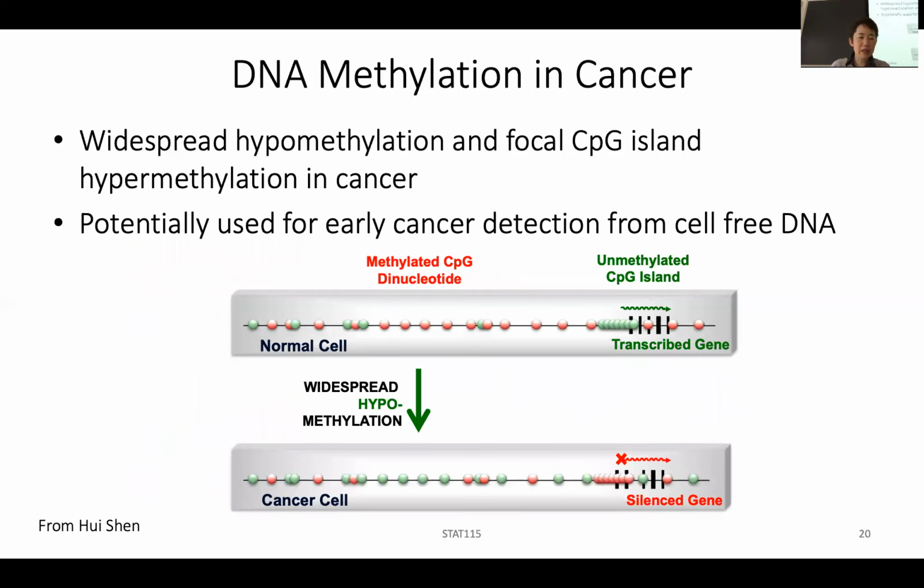And in diseases, we see some interesting trends in DNA methylation, especially in cancer. We mentioned that a lot of the genome, especially repeat regions, are mostly methylated. This is globally, a lot of the broad regions are methylated. Interestingly, in cancer, you see them being a little bit hypomethylated, which means less methylation.